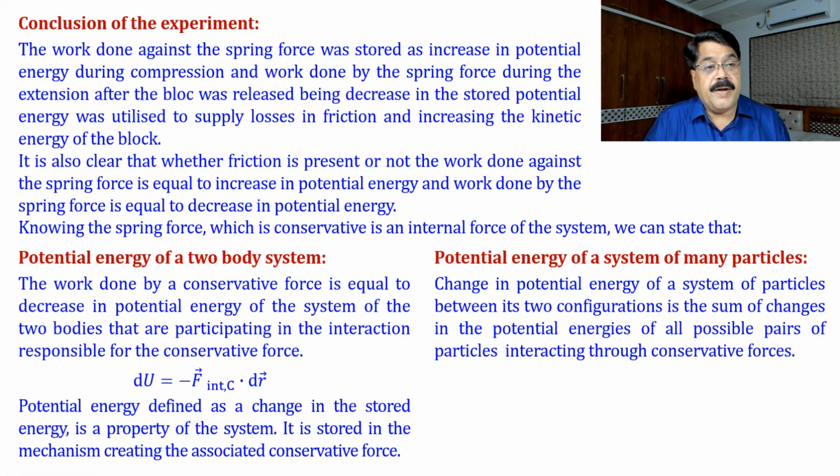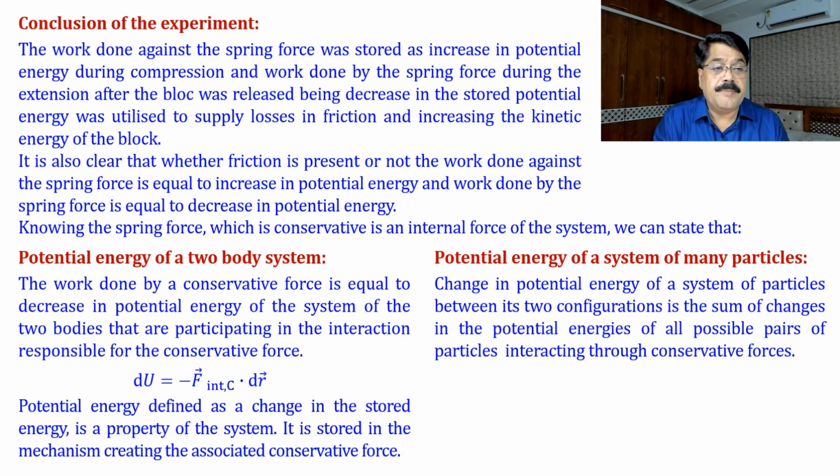Out of those, some may be interacting with each other through conservative forces, and some through non-conservative forces. Or maybe between two particles both forces are simultaneously acting, conservative and non-conservative. So if we change the configuration of the system, the potential energy change will be associated with all such pairs of particles which are interacting through conservative forces.